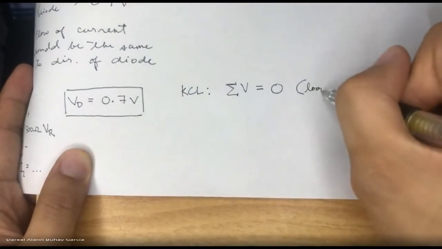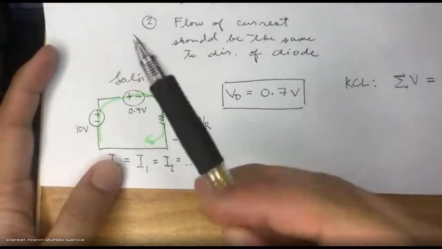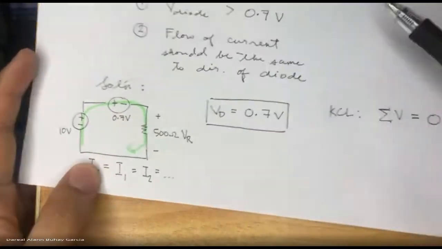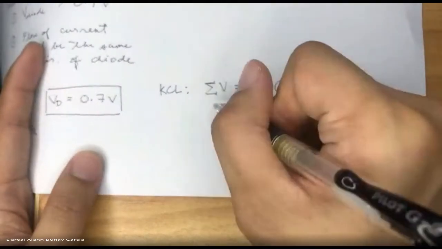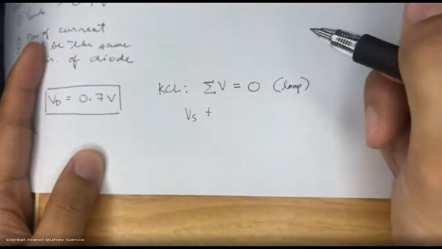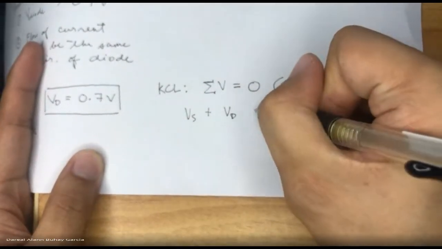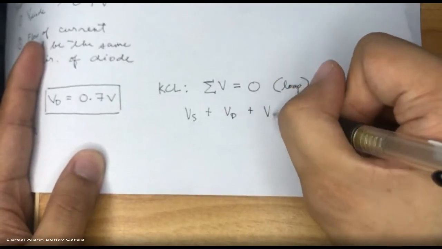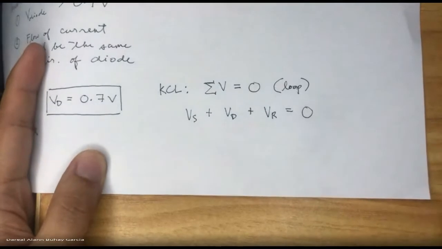Meaning, if we add all these voltages together, equal to 0. Meaning, voltage source plus voltage sa diode plus voltage sa resistor should equal 0.